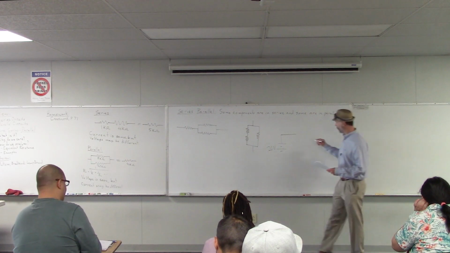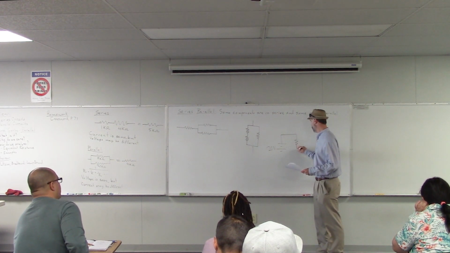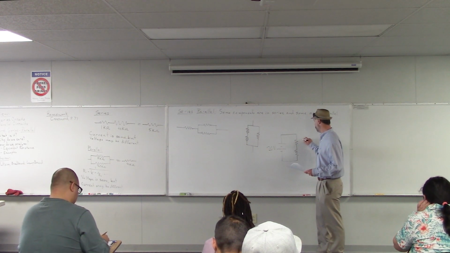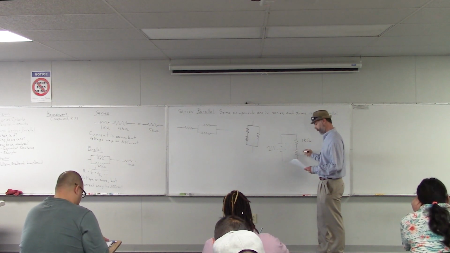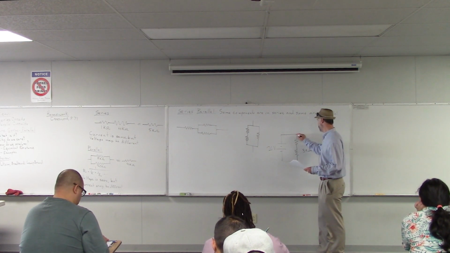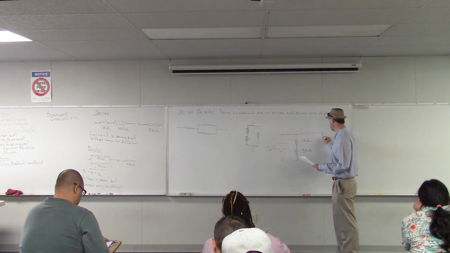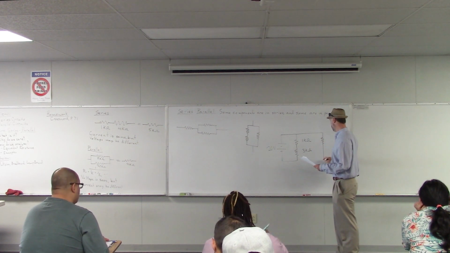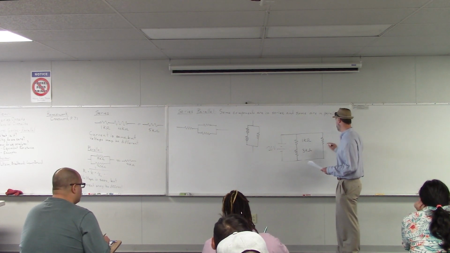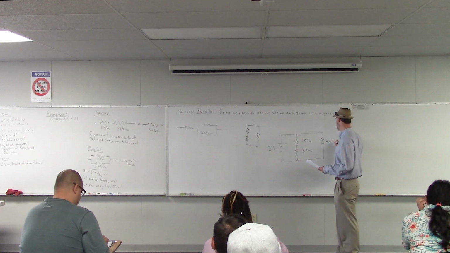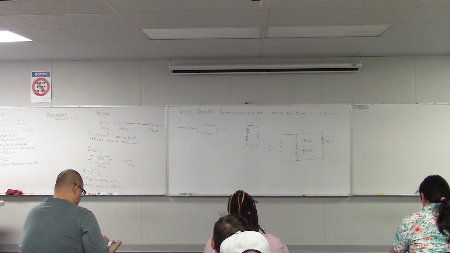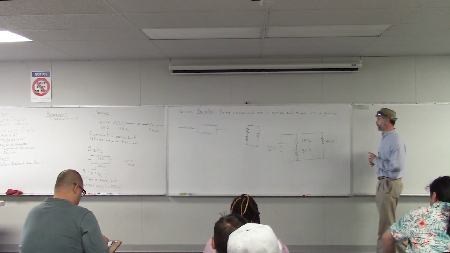And then we've got a 1 kilo ohm resistor here, a 3 kilo ohm resistor here, and then over here we have a 4 kilo ohm resistor. So is this circuit a series circuit, a parallel circuit, or series parallel?